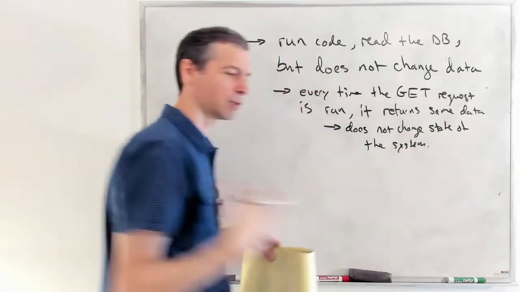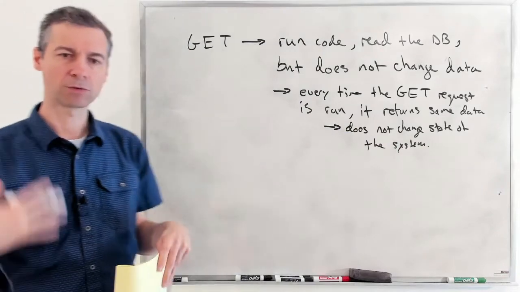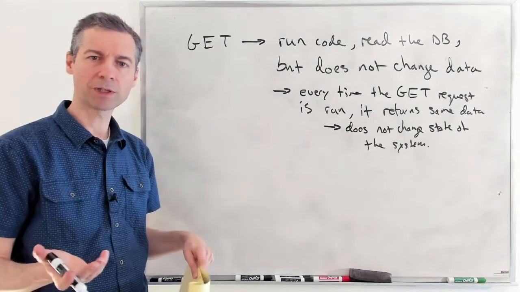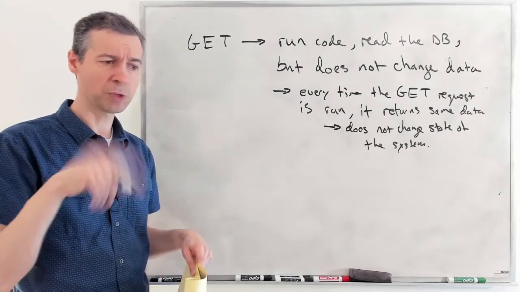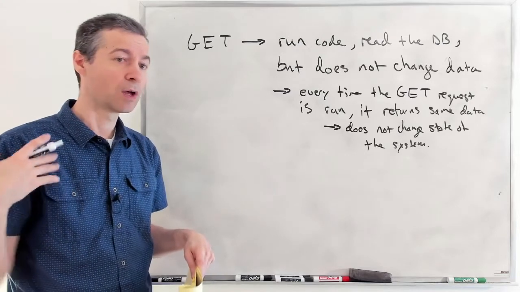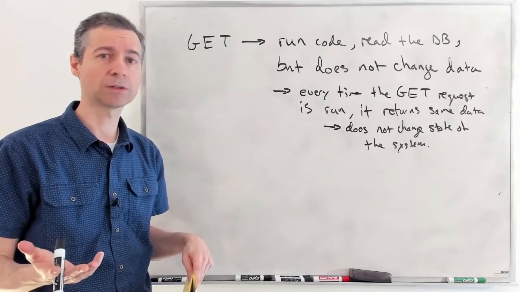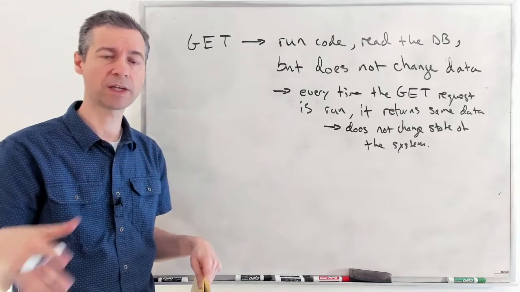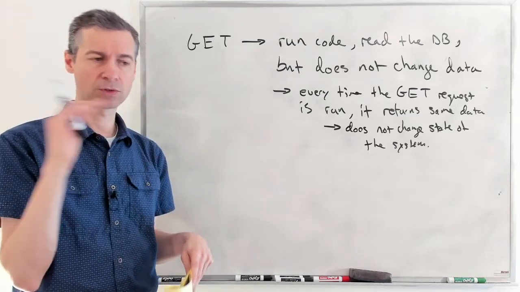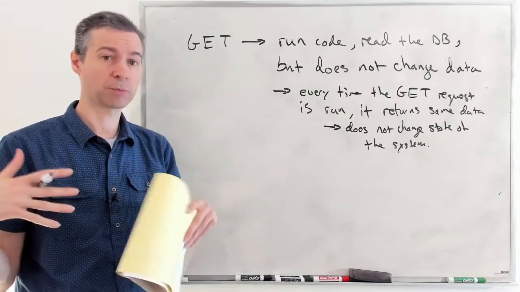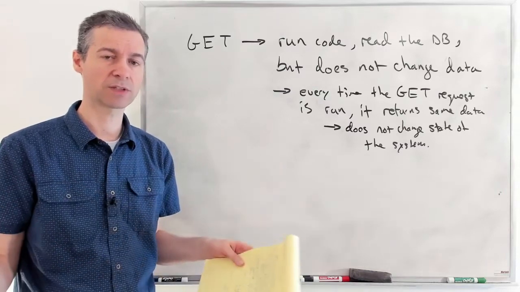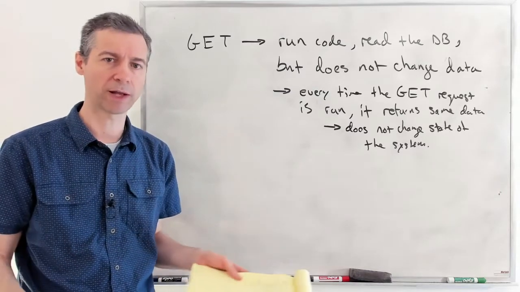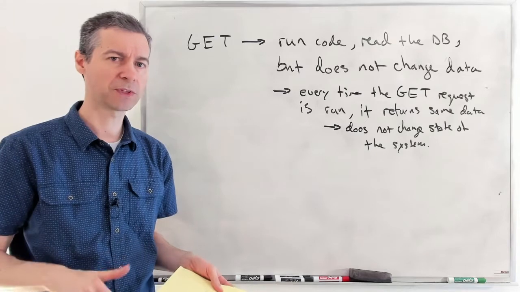We want GET requests to only be behind read actions. And a big part of this is people might refresh things. We can have crawlers from Google come through the site. And if doing GET requests, for example, deletes data or inserts data, and we have these automated robots going through our website, horrible things can happen.